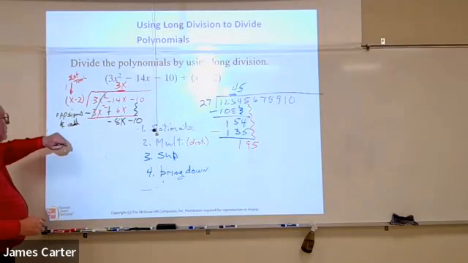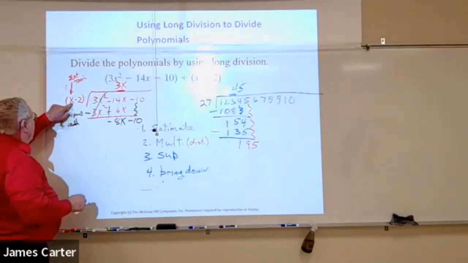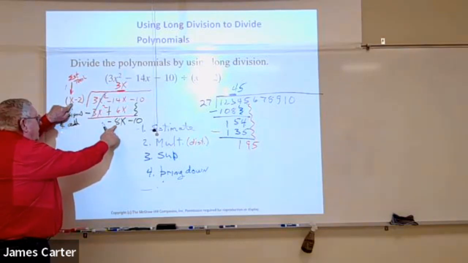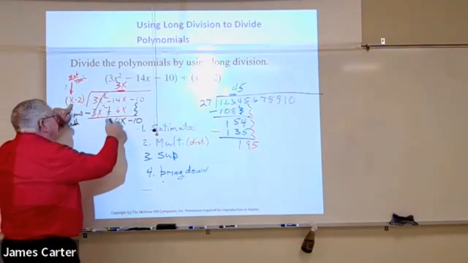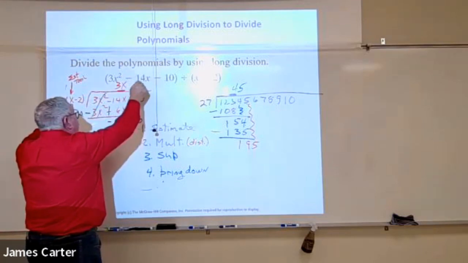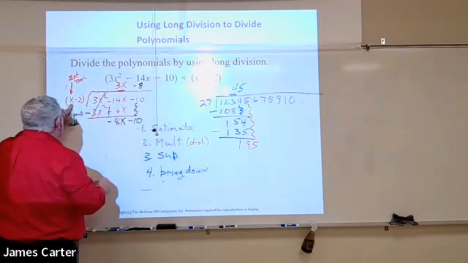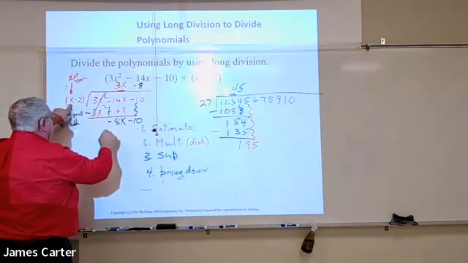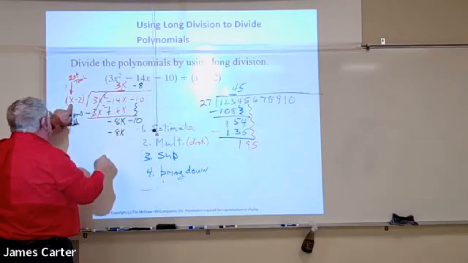So I have to estimate again. I go back here. What do I have to do to this to get that? Negative 8 is what I have to multiply this. So negative 8. And I distribute that negative 8. Negative 8 times x is negative 8x.